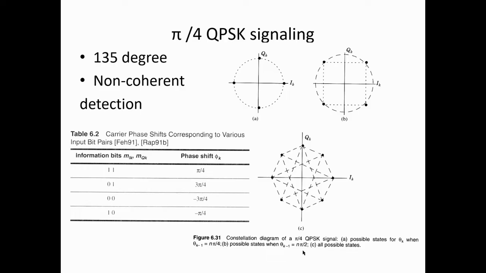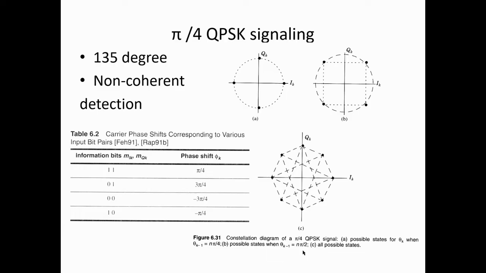This is called non-coherent detection, which is a great advantage of pi by 4 QPSK. And next, in the presence of fading as well as multipath channels, pi by 4 QPSK performs much better than either offset QPSK or the conventional QPSK. So for fading and multipath channels, pi by 4 QPSK performs much better than the earlier versions.